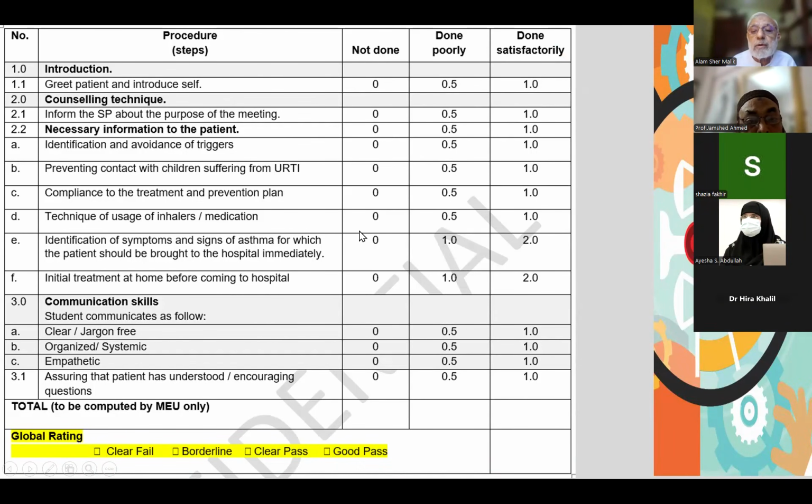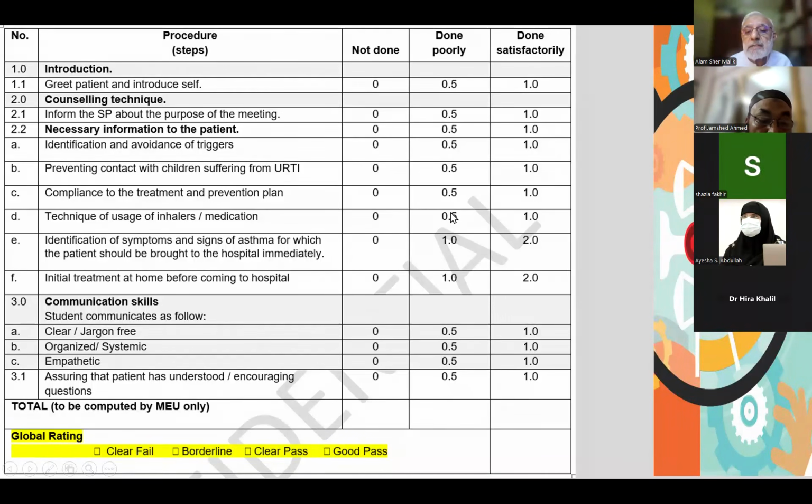So I would just tick this, but I would not total it up. That's very important, because the totaling would be done later on by the exam division. But I would tick one of these boxes here.